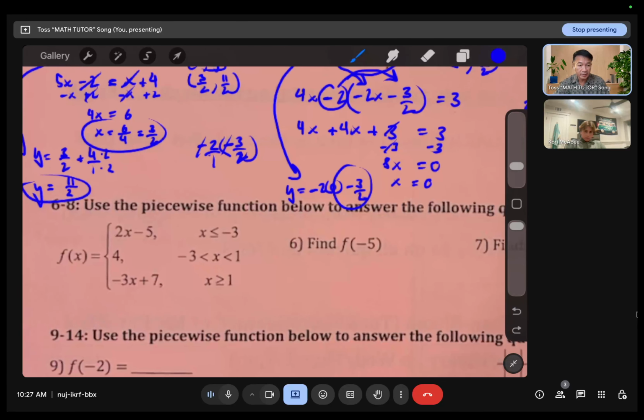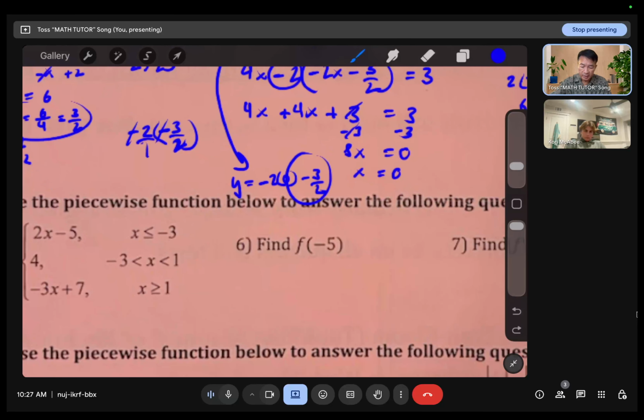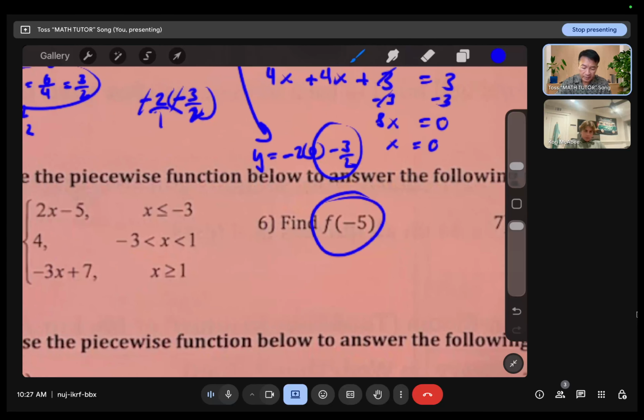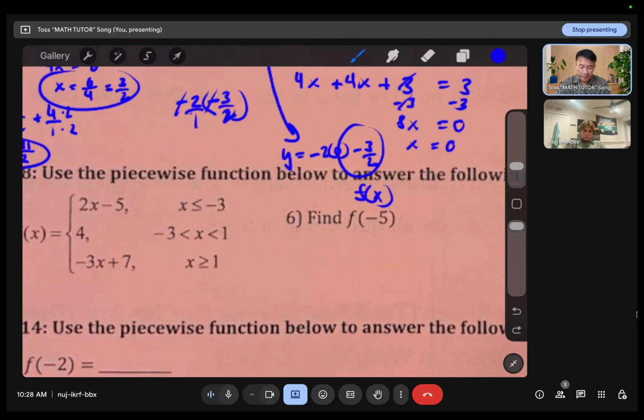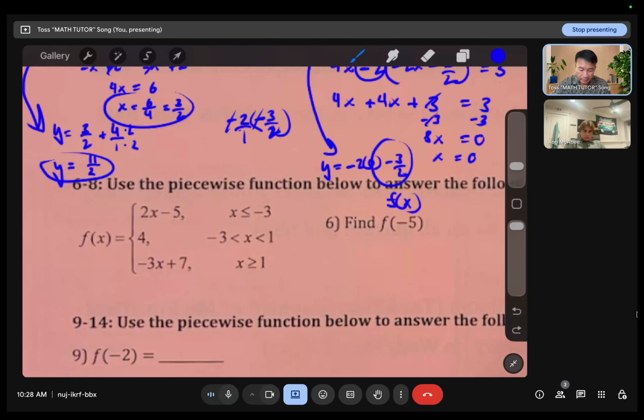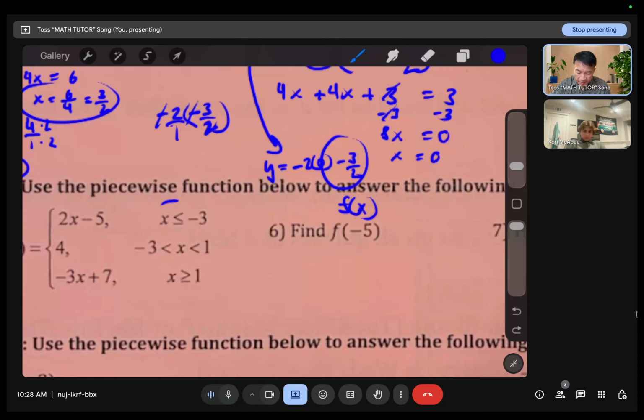You see how I look at it, right? So when you're asked to find this right here, this is x. Every time it's written it's like f of x. Therefore, x is negative 5. So where do you plug it in? The negative 5 is actually within this particular condition, right? It's less than negative 3.